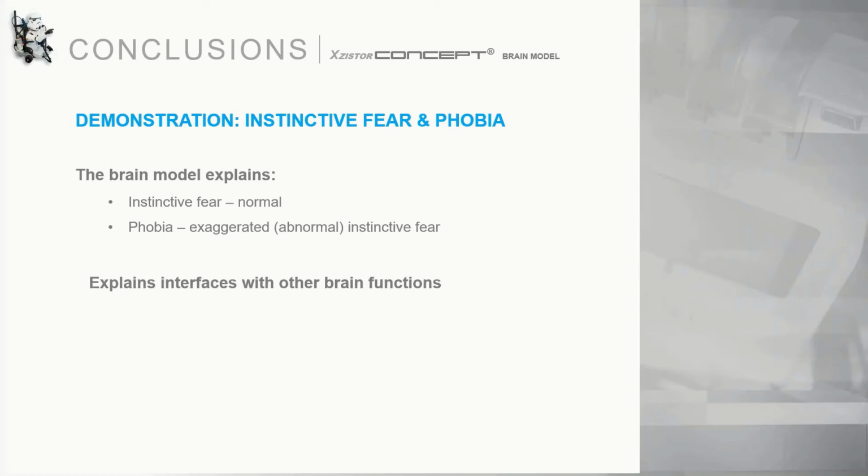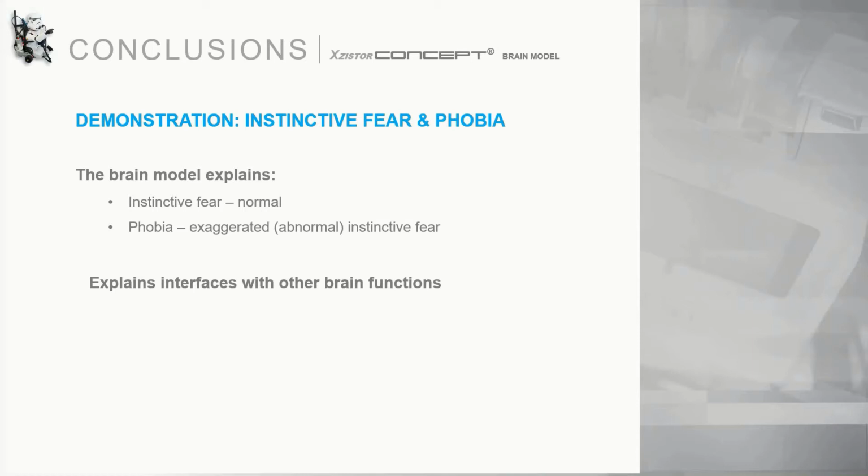So it's helpful that the Xzistor concept brain model explains to us the interfaces between instinctive fears and phobias and the other brain functions. I think that's the whole point, is the fact that these instinctive fears are fully integrated into the other algorithms, and as such lend themselves to be influenced by intelligence and emotions.